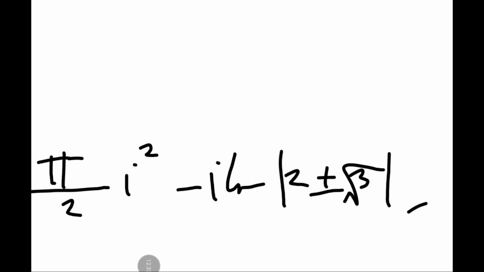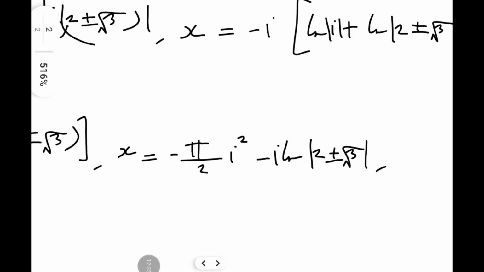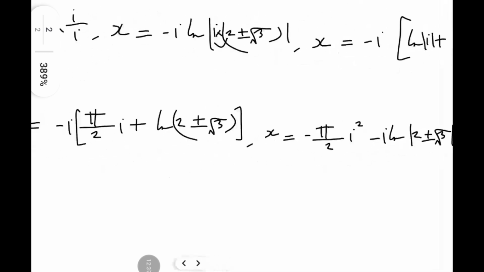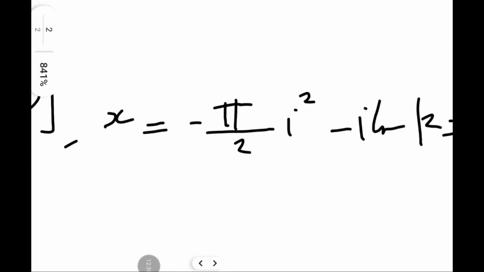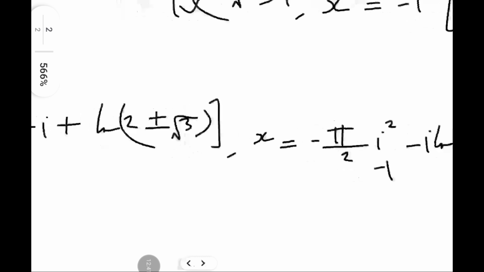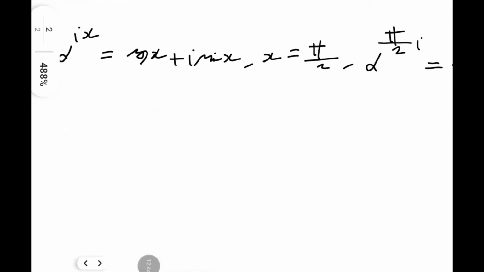That is the format that you're going to get it into. And to fully solve that, we know that i squared there is equal to negative 1. So therefore negative 1 times negative pi over 2.